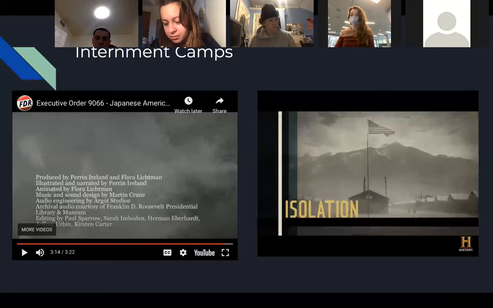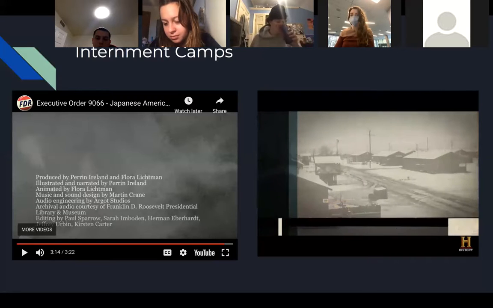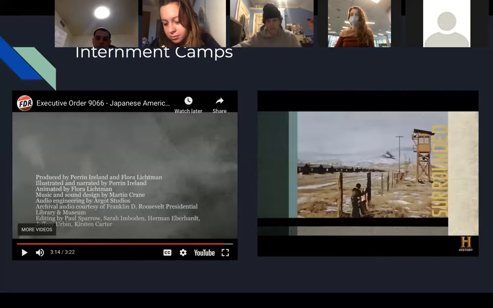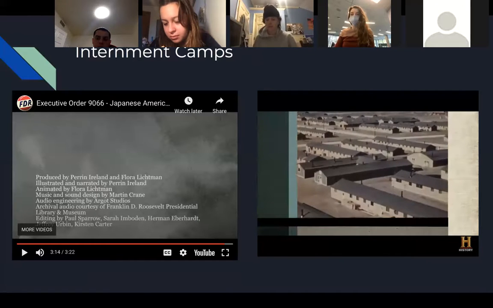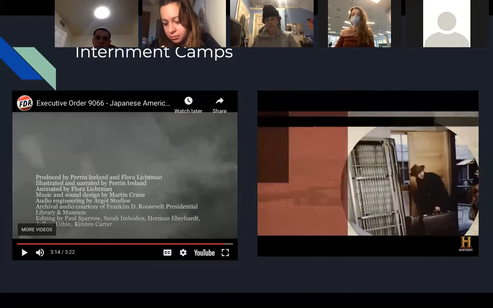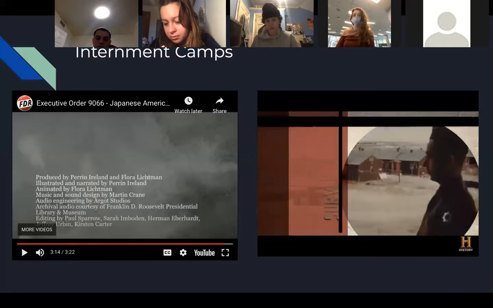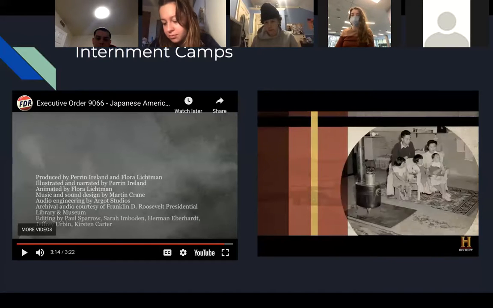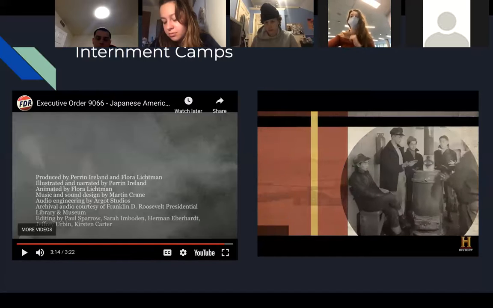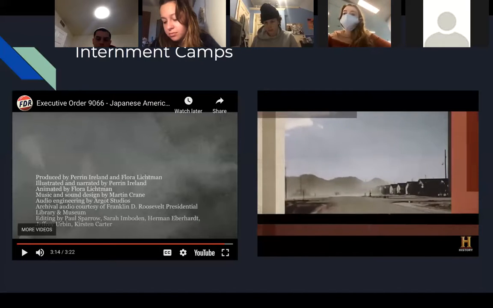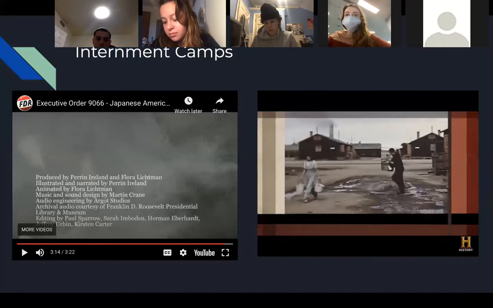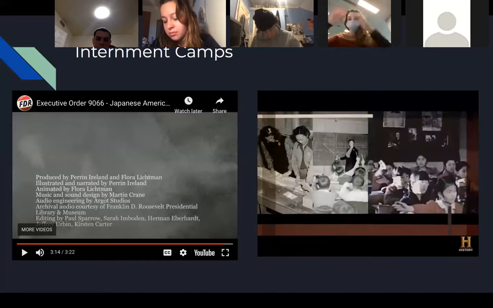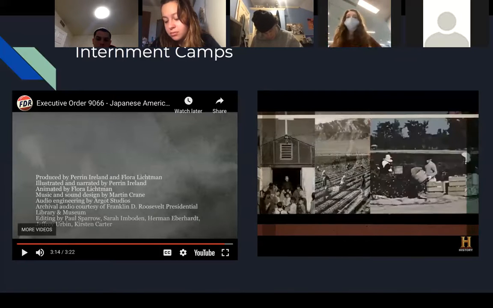Internment camps were often situated in isolated deserts, prone to harsh weather, and surrounded by barbed wire and guard towers. Within the barracks, internees lived in small one-room apartments with little privacy and constant surveillance. They were only given a standard army cot, blankets, and a small heating stove. Despite these difficult living conditions, internees tried to establish a sense of community, creating newspapers, schools, churches, and farms.